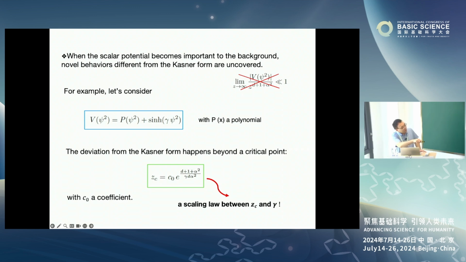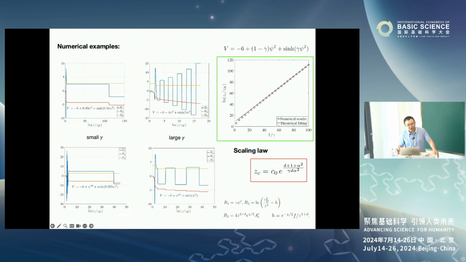So it gives you a power law for zc that depends on D and alpha. And we can also check this quantity numerically. Here we consider a term with a very simple value for gamma, let's say 0.01. You see there we have the Kasner universe, and then it transitions to another one. So we can read off this value we call zc.